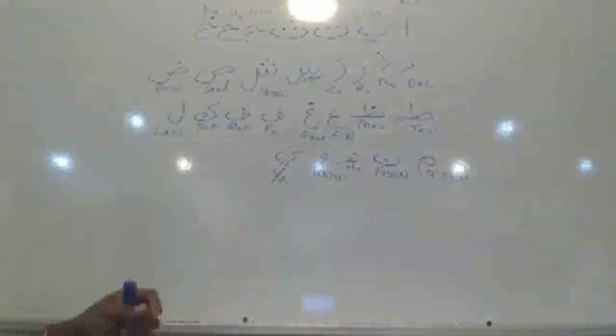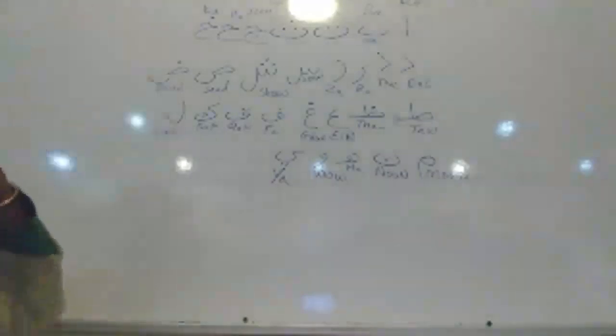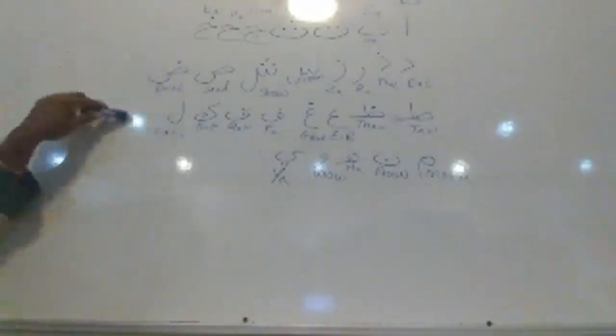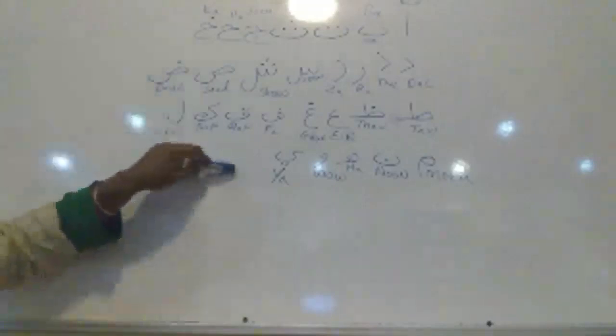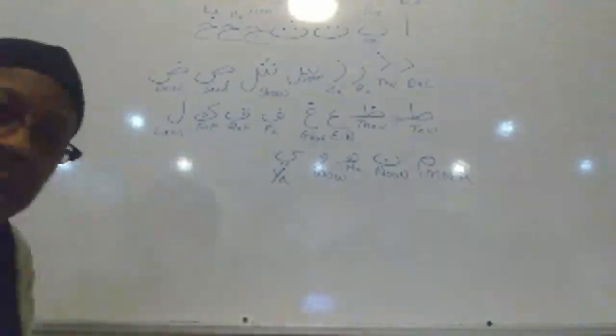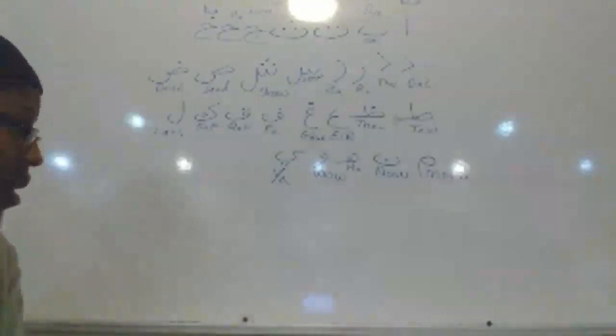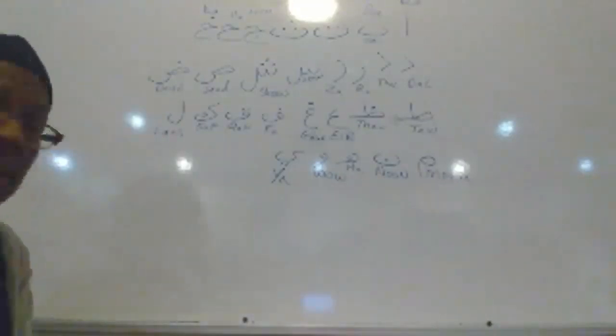So theoretically, we've got 1, 2, 3, 4 groups, right? If you follow what we're doing and practice, within the next 4 weeks, you should be able to read basic Arabic, but read slowly.